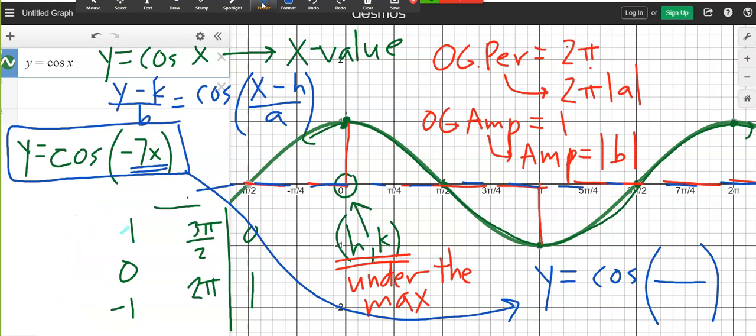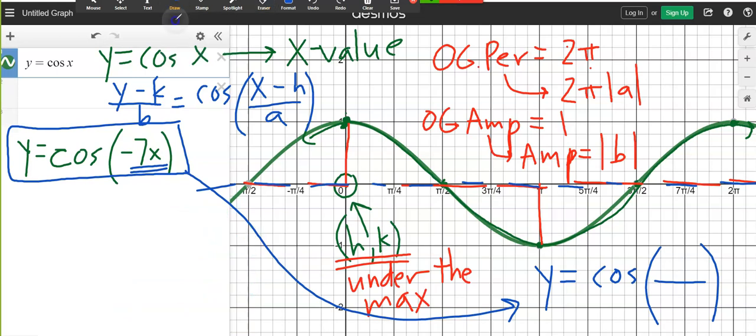Hold on a second. Let me get some space here to write. Currently, you have negative 7x over 1. We multiply by what? Negative 1/7.